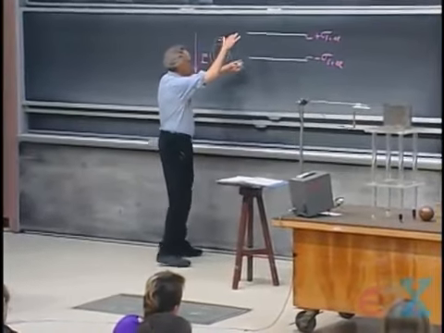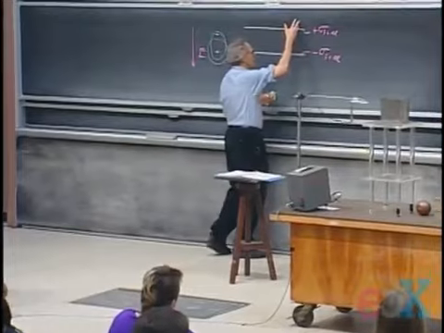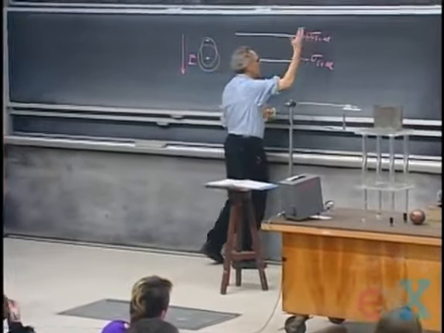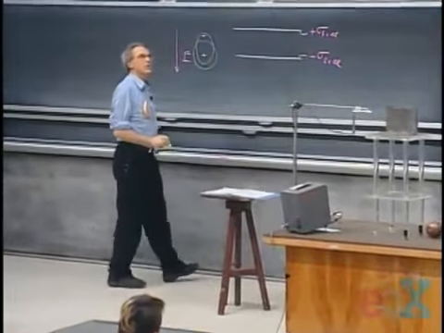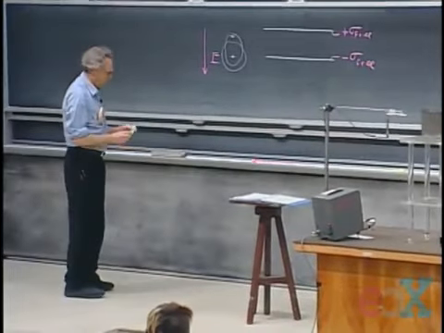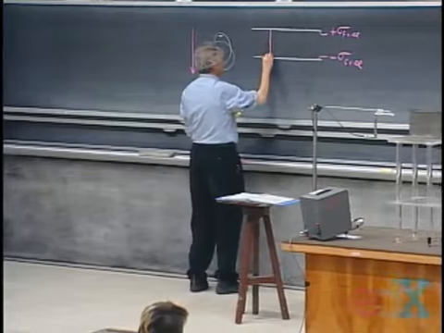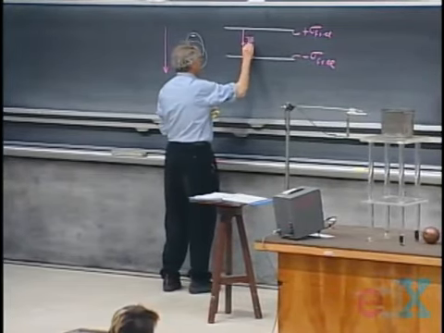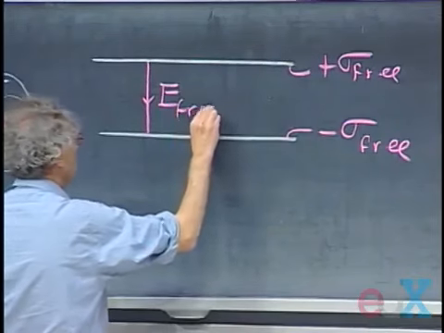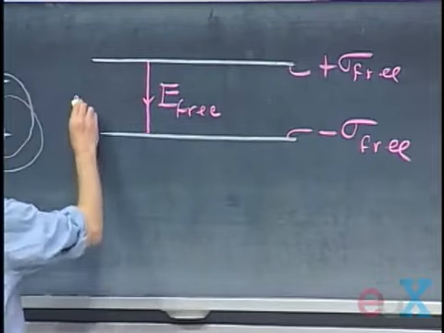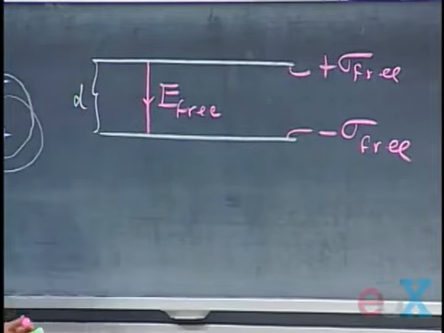So there's a potential difference between the plates, charge flows on there, it has an area A, and sigma free is the charge density, how much charge per unit area. So we're going to get an electric field which runs in this direction, and I call that E free. And the distance between the plates, say, is d. So this is a given.